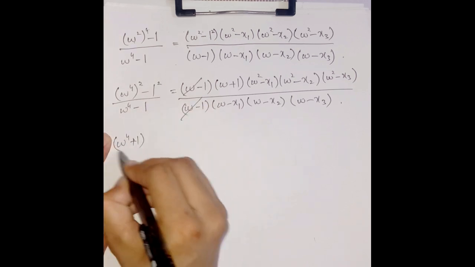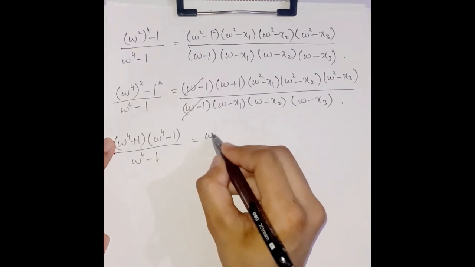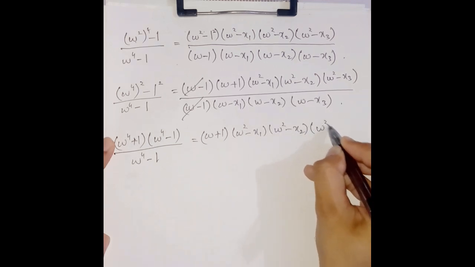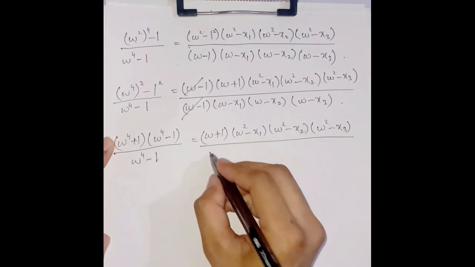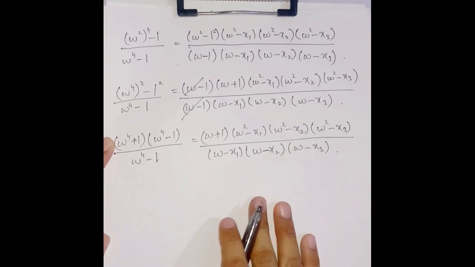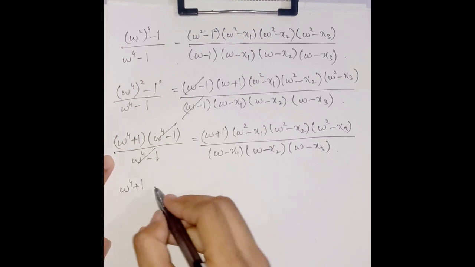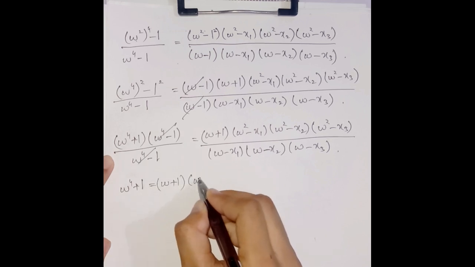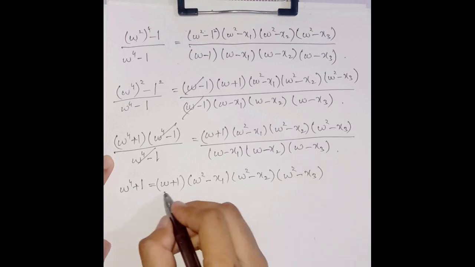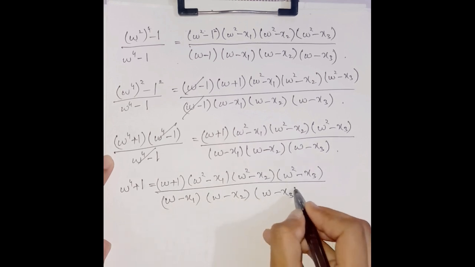So it's (a plus b)(a minus b): (omega to the power 4 minus 1)(omega to the power 4 plus 1) over (omega to the power 4 minus 1), equals (omega plus 1)(omega square minus x1)(omega square minus x2)(omega square minus x3) divided by (omega minus x1)(omega minus x2)(omega minus x3). Here you can see the negative term is cancelled out.